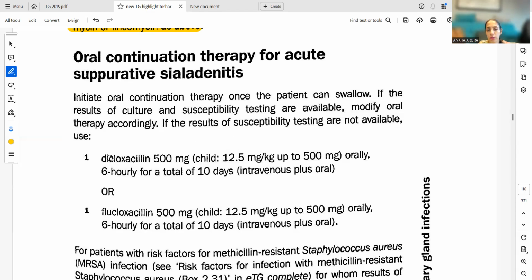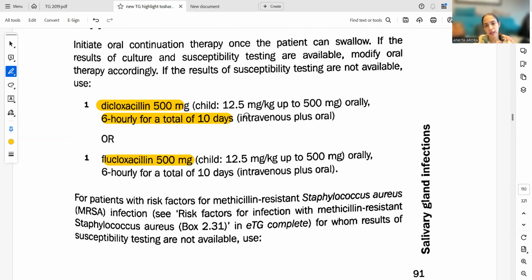If not available, we are giving dicloxacillin 500 milligram, 6 hourly for a total of 10 days, or flucloxacillin, the same which we gave IV, 500 milligram orally, 6 hourly for 10 days. It is intravenous plus oral, here also intravenous plus oral. So it goes for 10 days of this therapy.